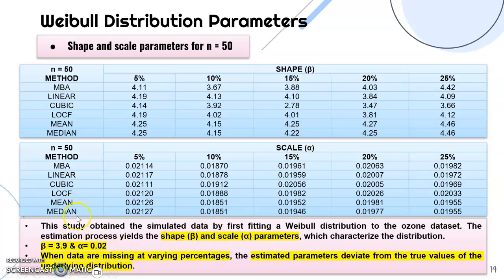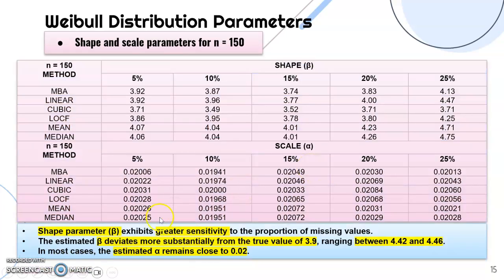We obtained that overall the beta parameter, or the shape parameter, is equal to 3.9 and the alpha parameter equal to 0.02. When data are missing at varying percentages, the estimated parameters deviate from the true values of the underlying distributions. And this is the result for the shape and scale parameters for a sample size equal to 150.